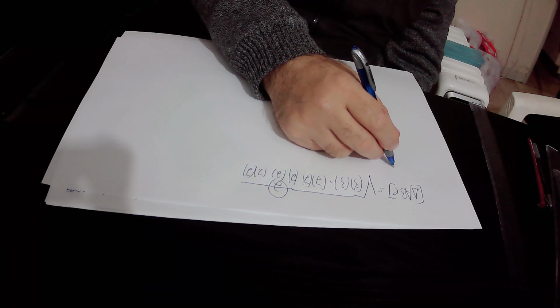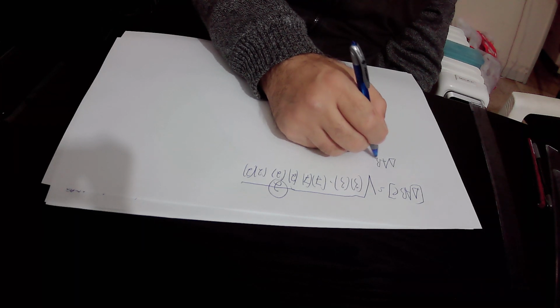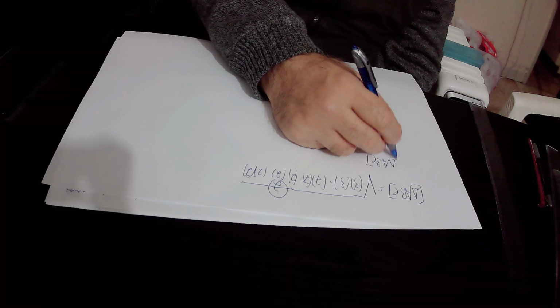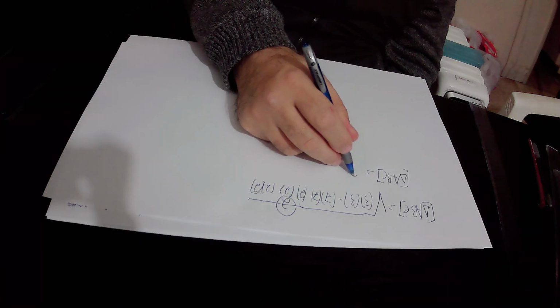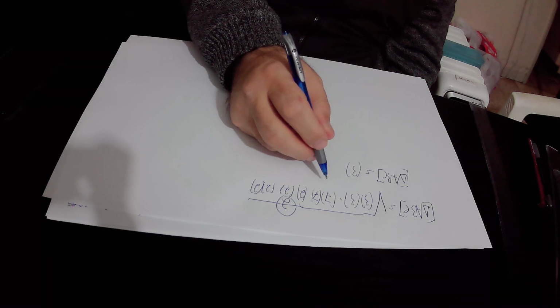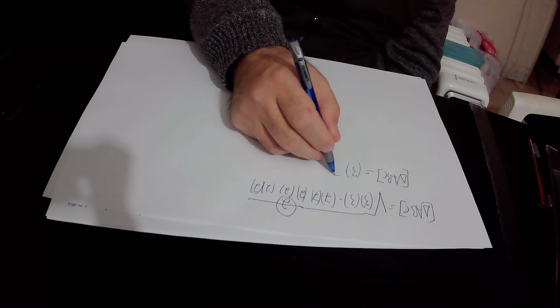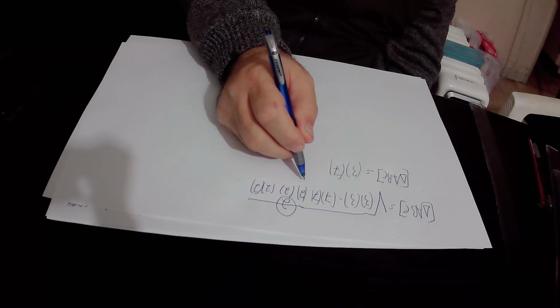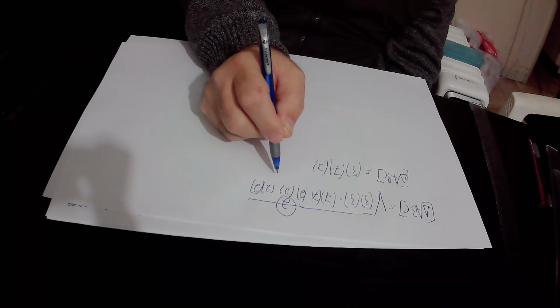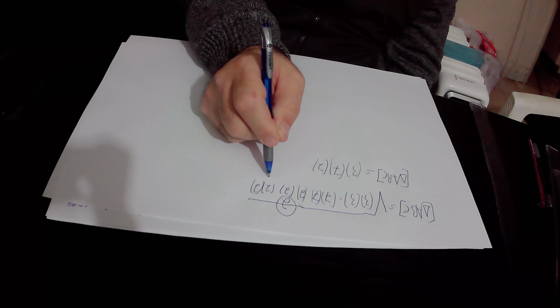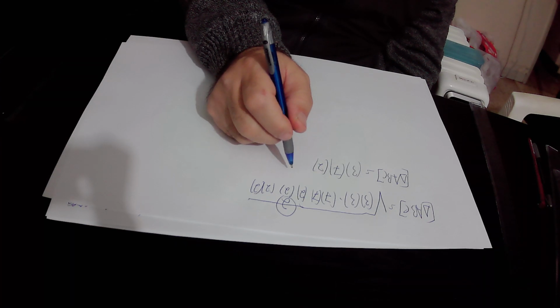So finally, the area of triangle ABC, according to rule number 4, is equal to the square root of 3 times 3 is 3, times the square root of 7 times 7 is 7, times the square root of 2 times 2 is 2, times the square root of 2 times 2 again is 2.